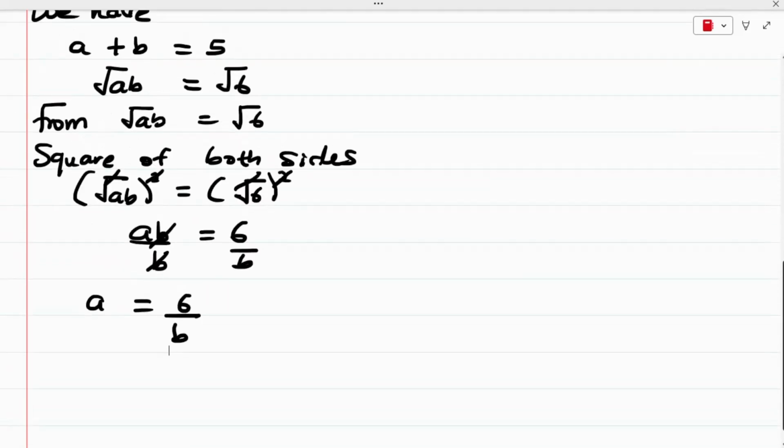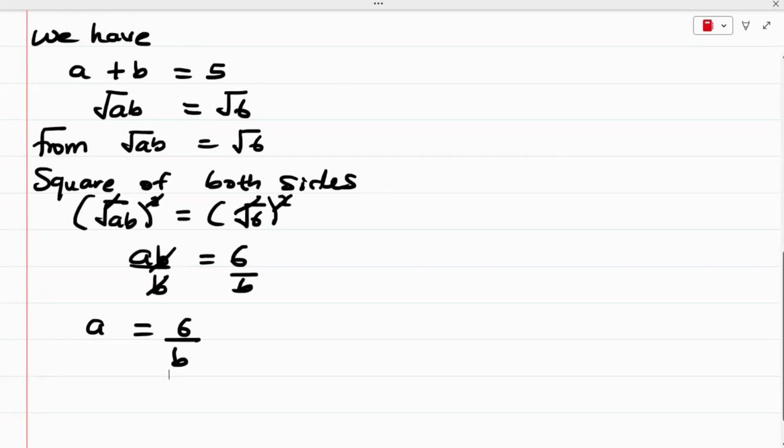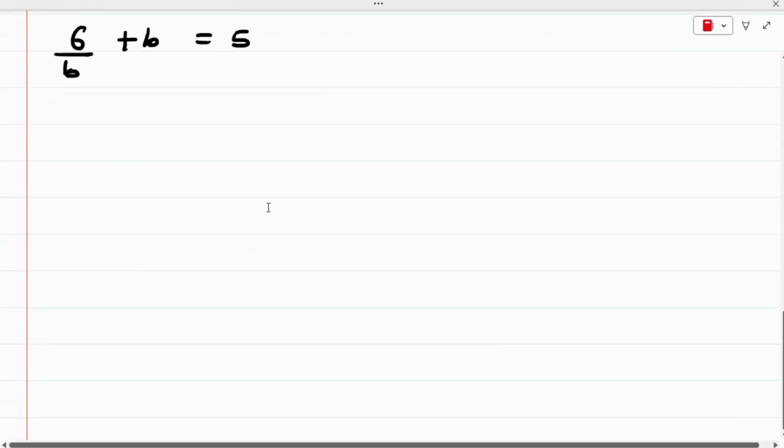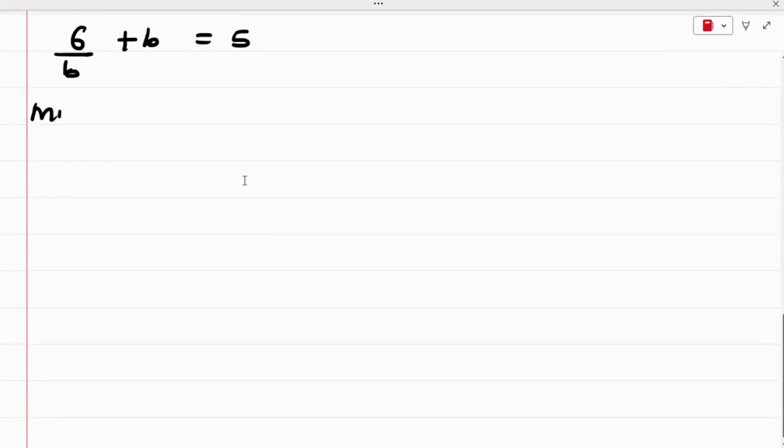But recall that we have that a plus b is equal to 5. Right here, substitute the value of a to be 6 over b. So this is going to become 6 over b plus b is equal to 5. The next thing we want to do is to multiply all through by b.